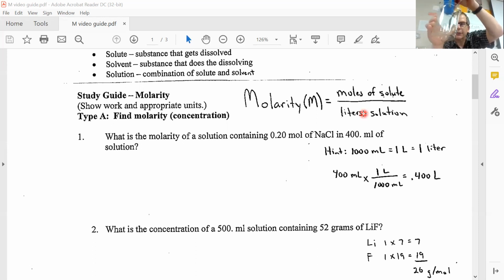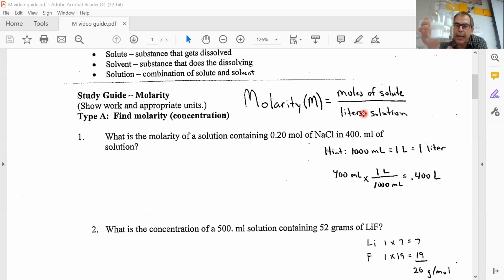Now, usually you don't stuff moles in a liter, but we might make solutions with sodium chloride in water. So if I put 1 mole of salt, which would be like 58 grams of salt, and filled it up with water to the 1 liter mark, that would be a 1 molarity solution. I could double the concentration and make it 2 moles in 1 liter.